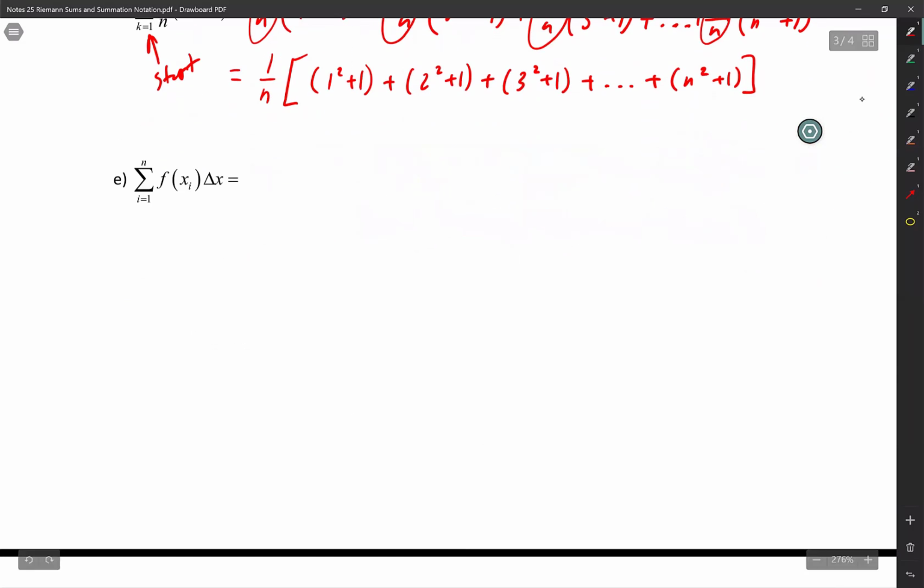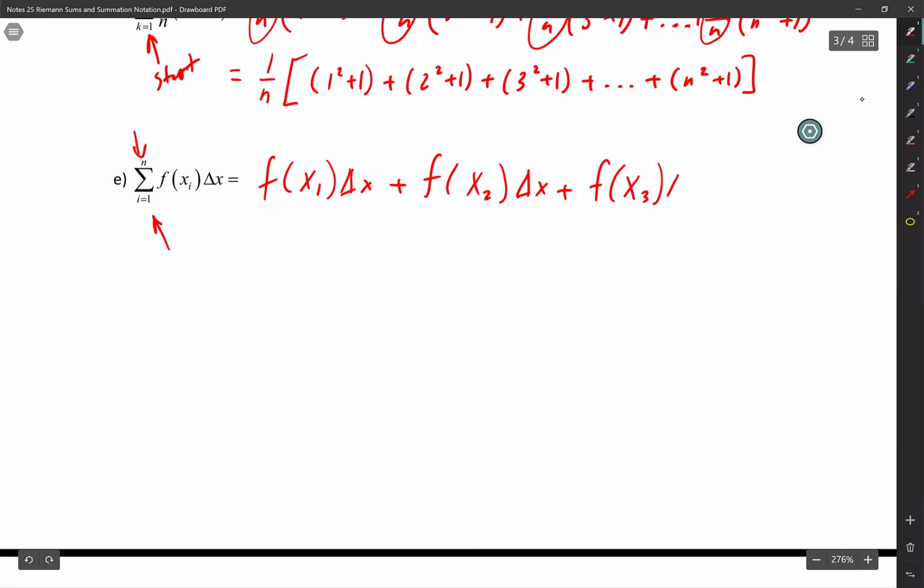All right, next one. f of x1 delta x plus f of x2 delta x plus f of x3 delta x plus dot, dot, dot plus f of x n delta x.